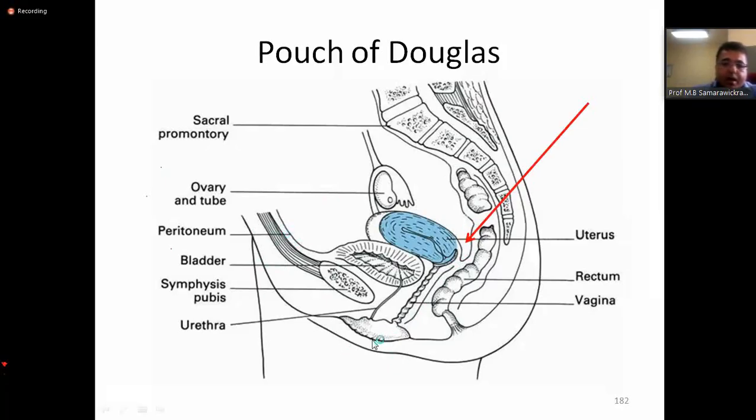Similarly, when instrumentation is done for some procedures through the vagina, the posterior fornix can get damaged and the infection can enter into the peritoneal cavity, right? That can happen especially in illegal abortions, resulting in peritonitis.